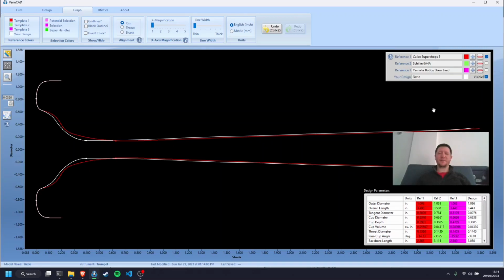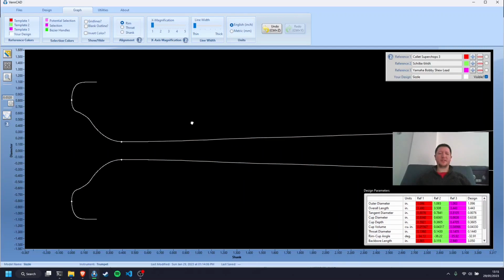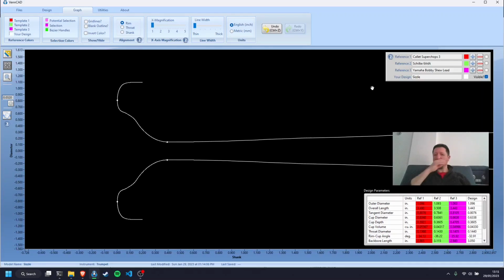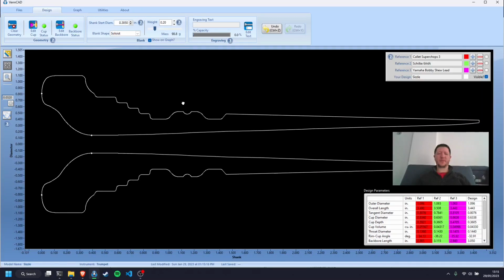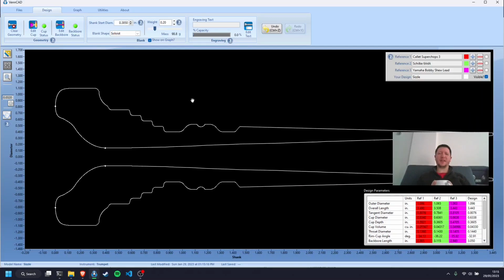Well, there we go. So really the last thing to do here would be to choose a blank. What you'll recognize is that all of my mouthpieces use this soloist blank, which always makes me think of the Roy Stevens mouthpiece that Maynard Ferguson had, I think it was maybe his Bell, the UK made Maynard Ferguson mouthpieces that he played on for a time, which had that sort of stepped design on the outside.